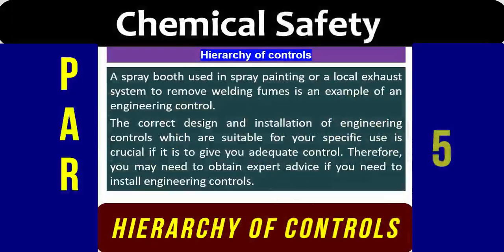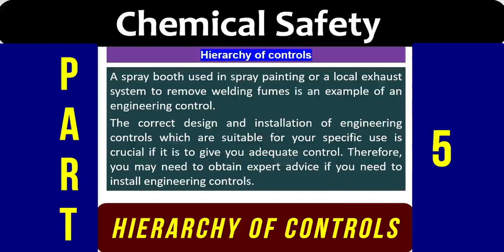A spray booth used in spray painting or a local exhaust system to remove welding fumes is an example of engineering control. The correct design and installation of engineering controls which are suitable for your specific use is crucial if it is to give you adequate control. That's why you may need to obtain expert advice if you need to install engineering controls.